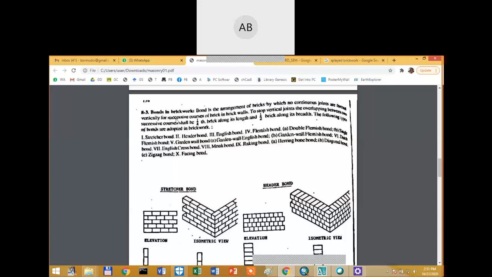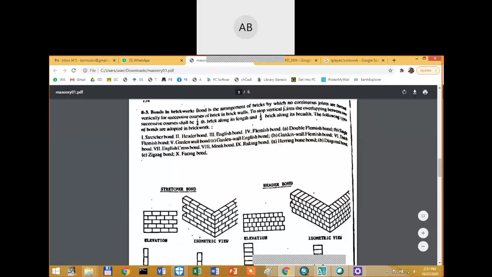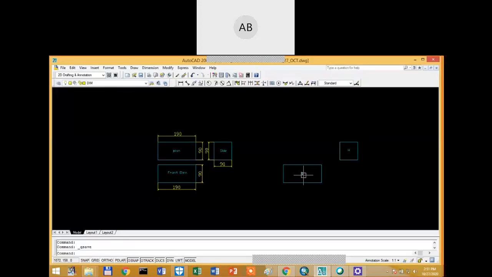So in laying the bond for the brickwork, there is one thing you have to be careful about, which is written there. It says no continuous joints are formed vertically for successive courses. So if you lay the first stretcher like this, okay? Take an example of 4 bricks, 1, 2, 3, 4.